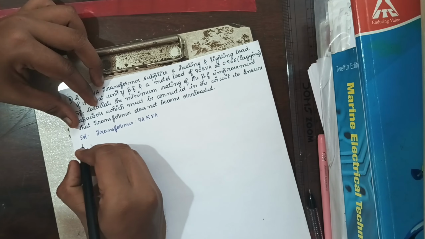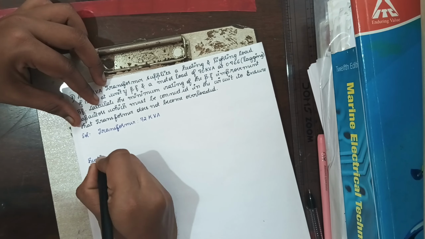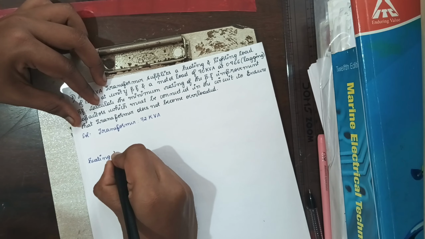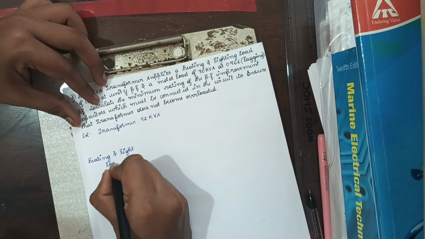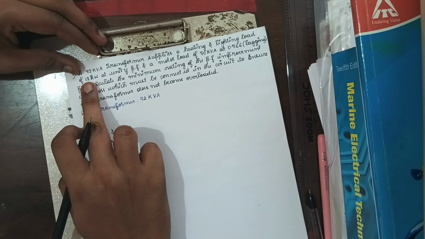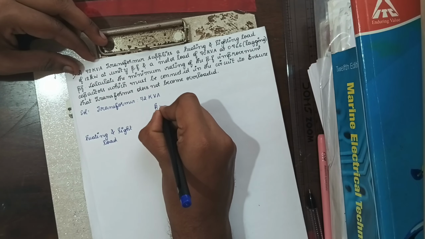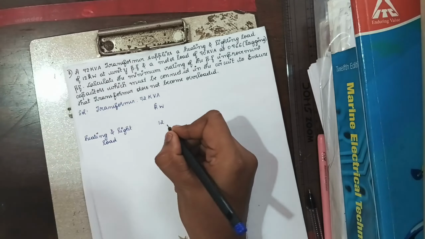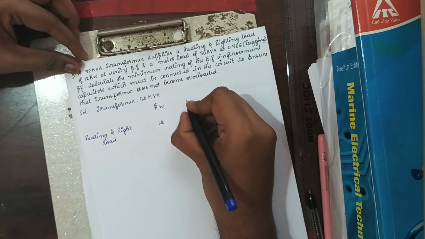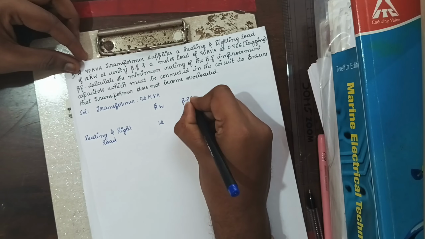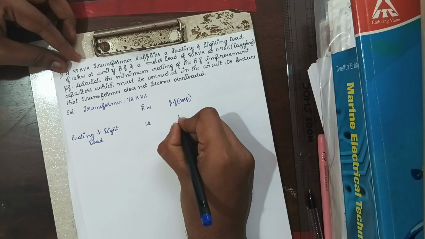So there is a heating and light load. So let's write kilowatt here. It is 12. Next one, at unity power factor. So power factor, that is the cos phi, is 1 unity.